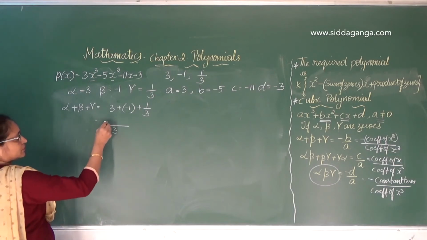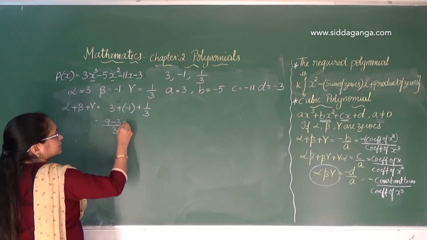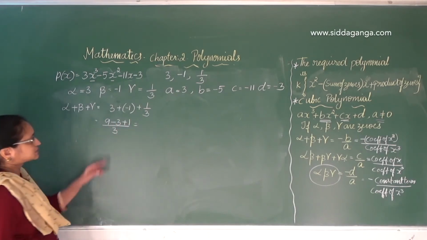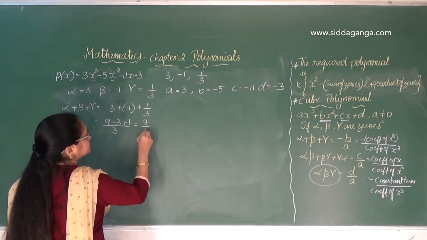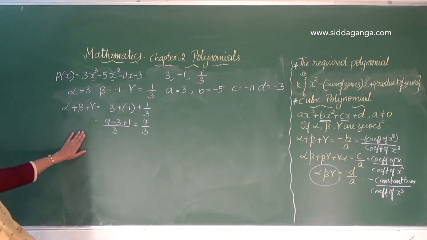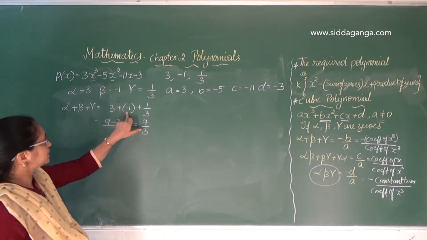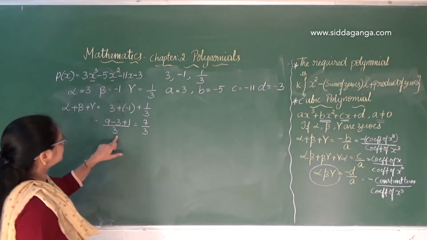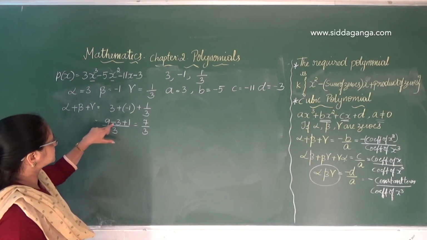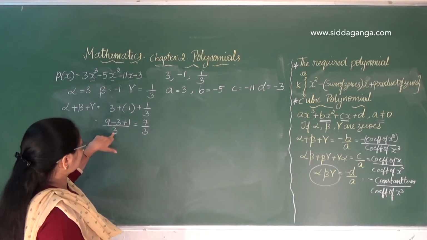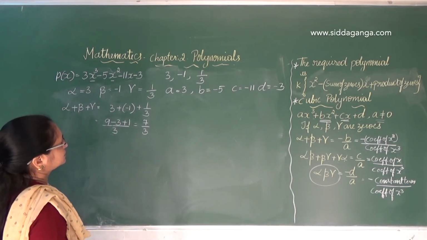Then 9, here minus 3 plus 1. So, 9 minus 3 is 6, 6 plus 1 is 7 by 3.